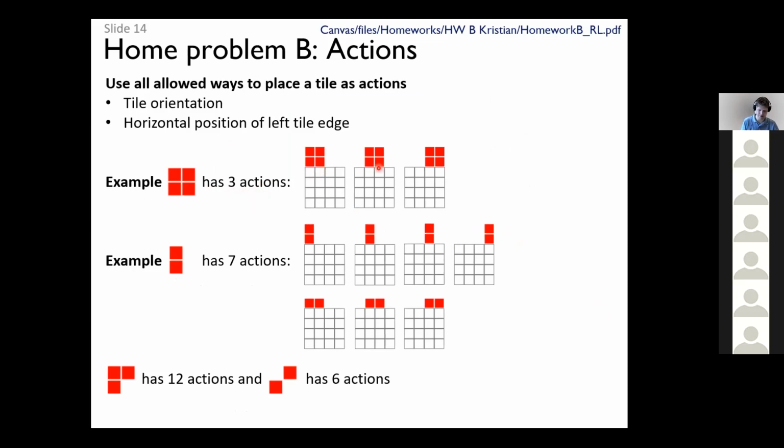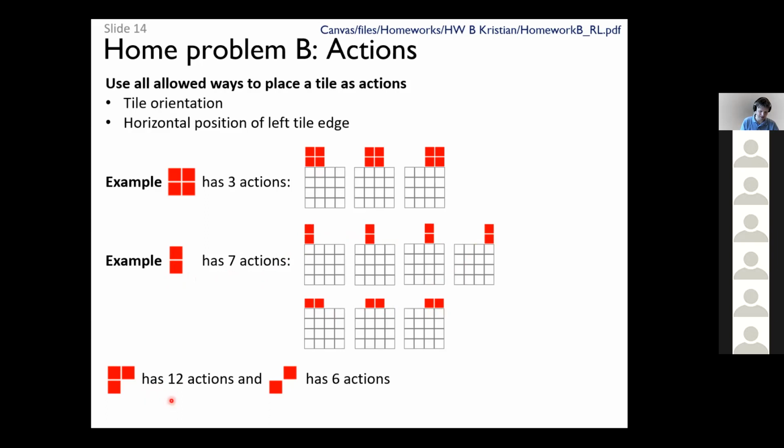You can place it in 3 different locations, but due to symmetry, it doesn't matter if we rotate it or not. So we only have 3 possible actions for this 2x2 box. For example, this column instead has 7 actions. If it stands up, we can place it in 4 locations. If it lies down, we can place it in 3 locations.